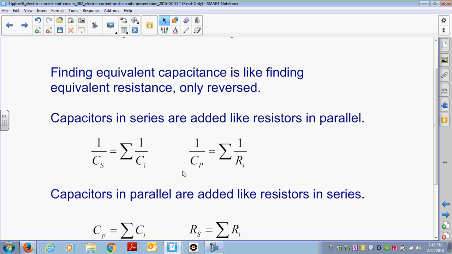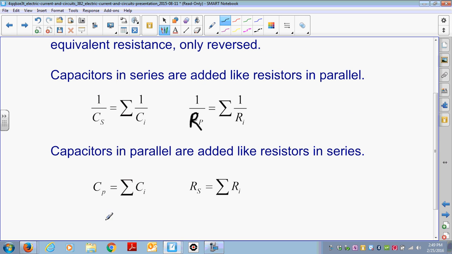And for adding up resistors, this should be an R, not a CP. This should be an R in parallel, and notice it's the same form. So when we have capacitors in series, it's the same as adding resistors in parallel. When we are adding capacitors in parallel, it's like adding resistors in series.